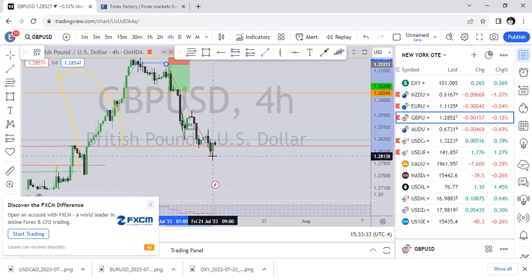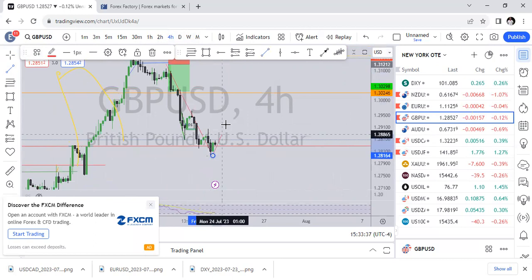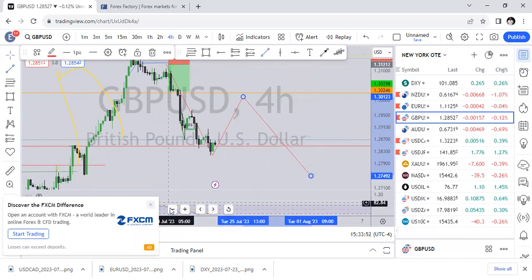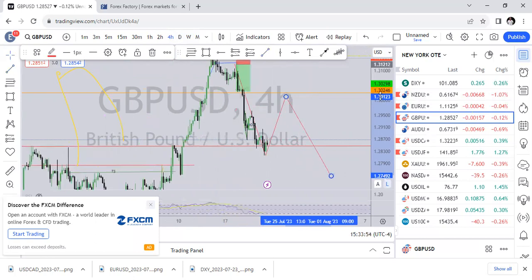Because it has already dropped to this point, we want to see it when the dollar index is making that retracement. We want to see it do that and see if we can bring it lower. This is what we're expecting from GU.